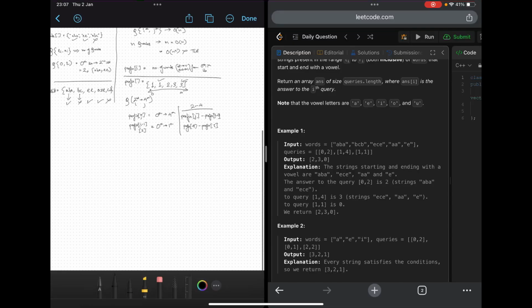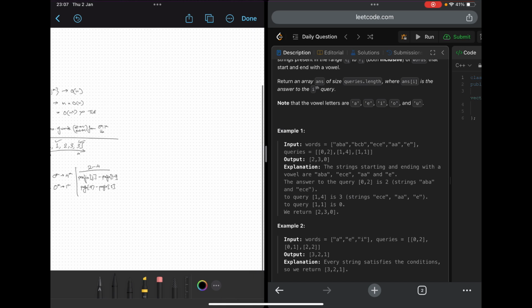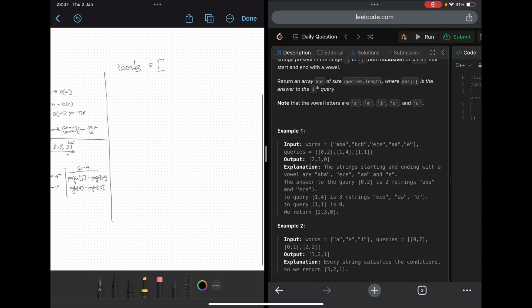So let's take the first example. The array words is ABA, BCB, ECE, AA, and E. And queries are 0, 2, 1, 4, 1, 1.